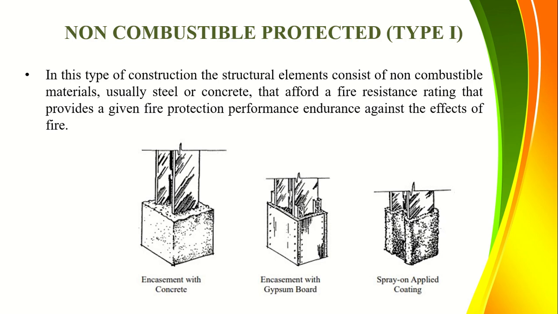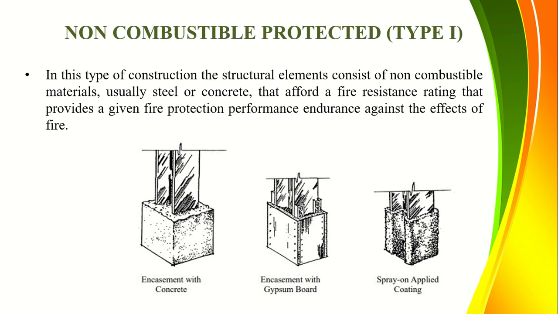Under the type of construction we have 5 types. Type 1 is called non-combustible protected building. In this type of construction, the structural elements consist of non-combustible materials. The structural elements like the beams and columns are made up of non-combustible materials, mostly steel and concrete.